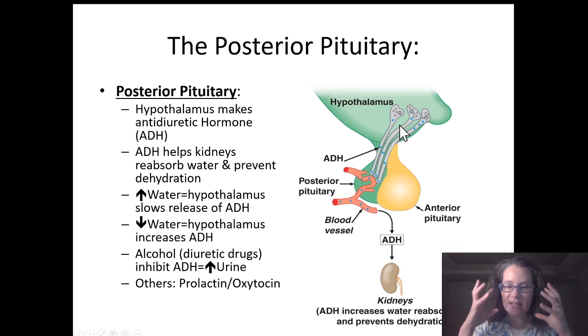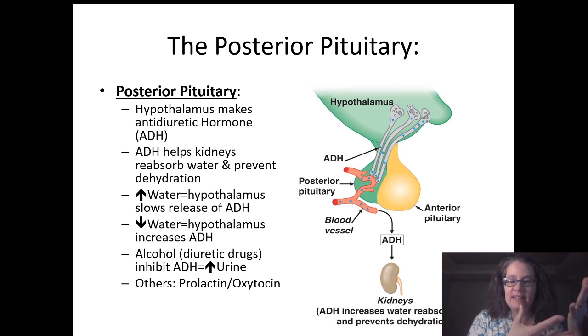When your brain notices that water might be limited inside of the body, it secretes ADH. It travels in the bloodstream to your kidneys. And remember, it raises those water gates so that your kidneys are more likely to reabsorb water in the presence of high amounts of ADH and prevent dehydration. So you bring that water back in.